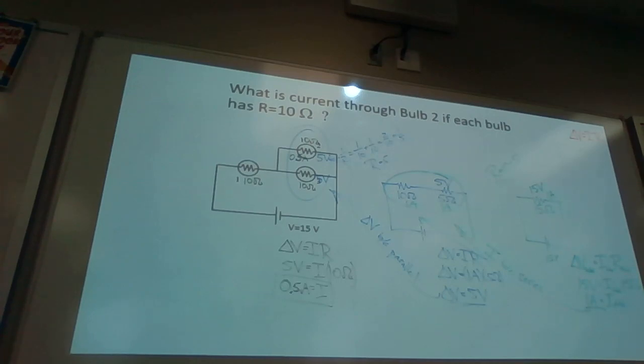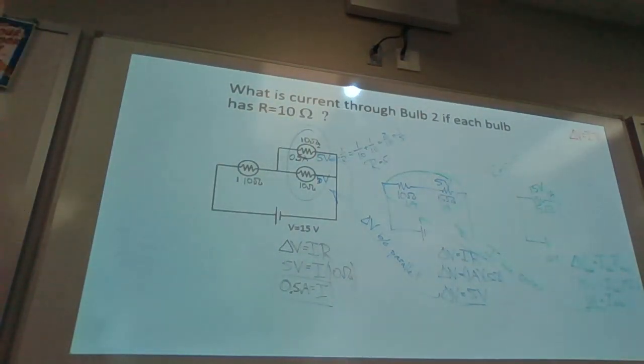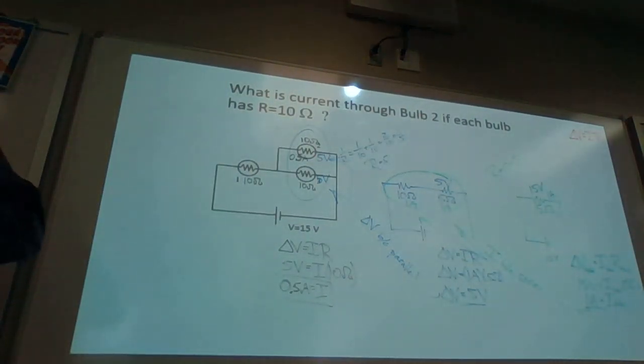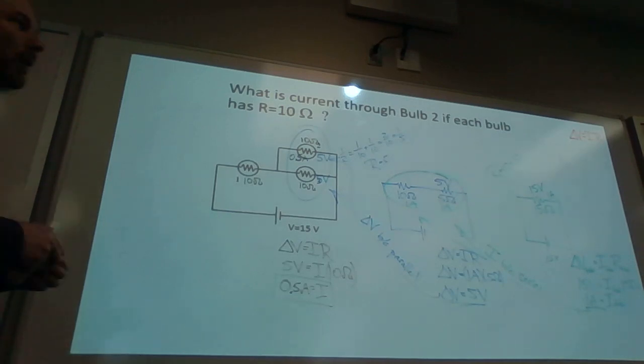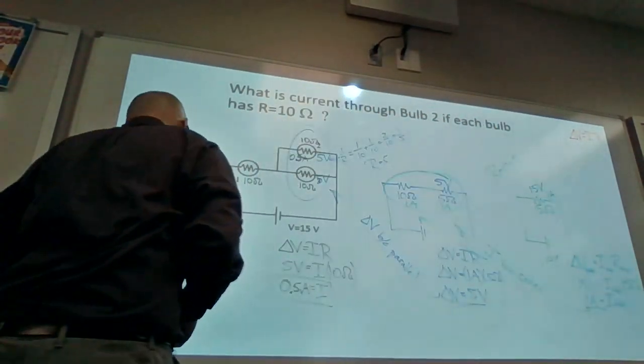Okay. Before I erase all this, I want to show you how Kirchhoff's loop rule and junction rule are applied. Well, before we do this, I need to calculate all three things for every resistor.